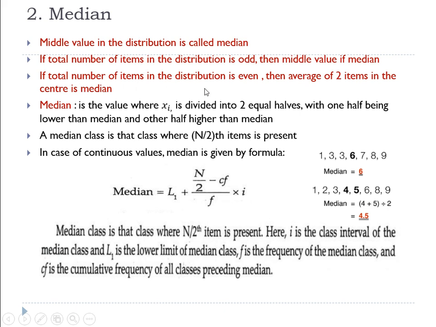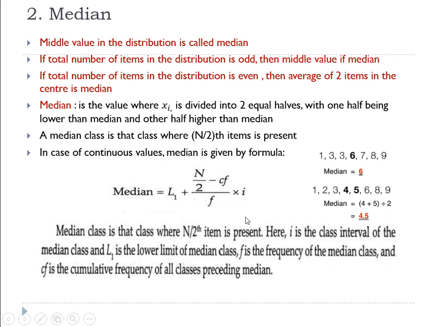If the total number of items is even, then take the average of the two items in the center as the median. Basically the median divides the data into two equal halves, the lower half and the upper half, and the median will be in between.